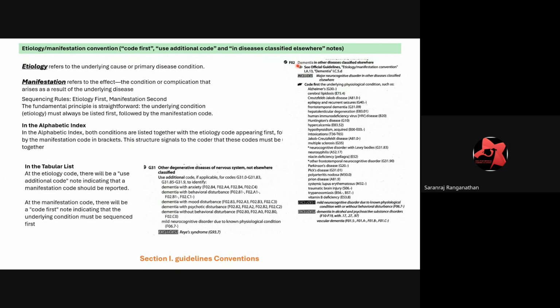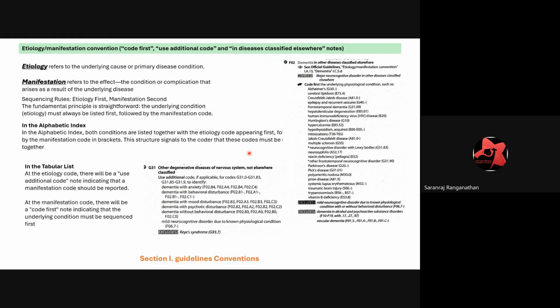But when I am using F02, I need to code first the G series. Both are etiology and manifestation. Diabetes is the etiology. Nephropathy, neuropathy, or intercapillary glomerulosclerosis are the manifestations, because of the diabetes you are getting that condition.